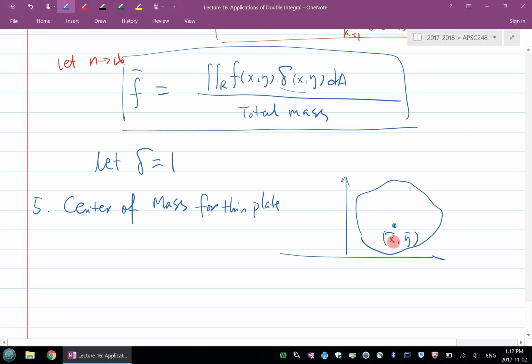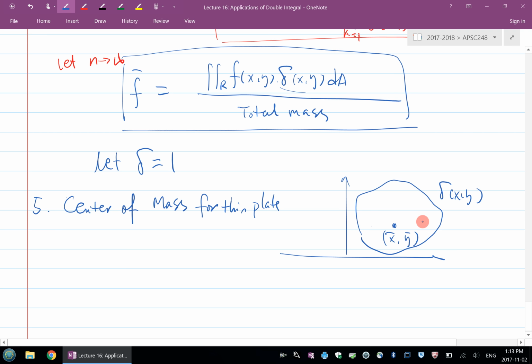Imagine there are an infinite number of small masses on this thin plate, and the thin plate is described by density delta. At different locations, you will have a different small mass quantity when you multiply by the density.